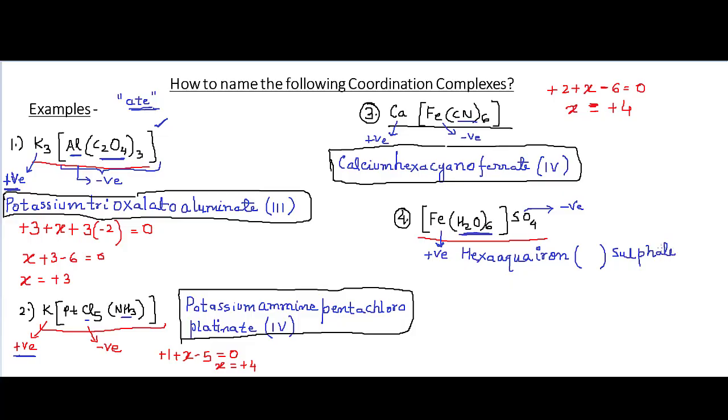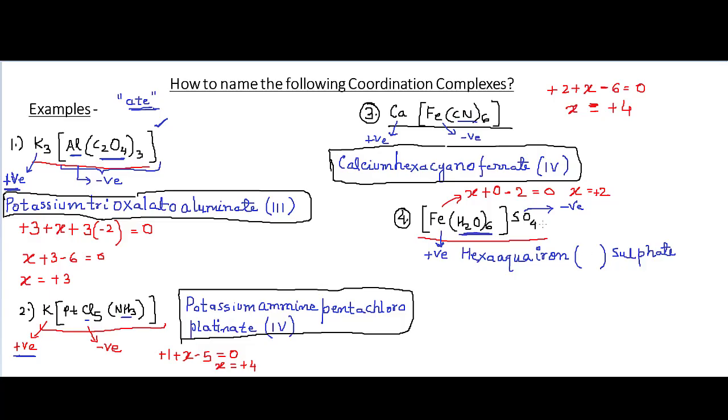So let's quickly calculate the oxidation state of iron here. Let's take it as X. The oxidation state of H2O is neutral, so it will be 0. Sulfate is -2 charge, so X minus 2 is equal to 0. So X is equal to +2. That means the oxidation state of iron in this complex is 2.